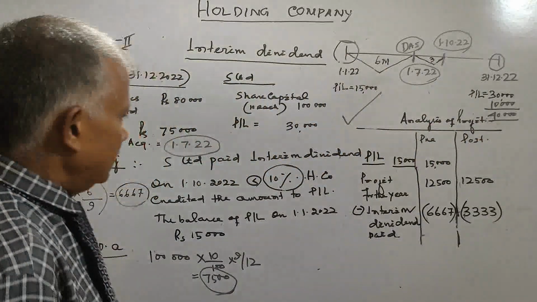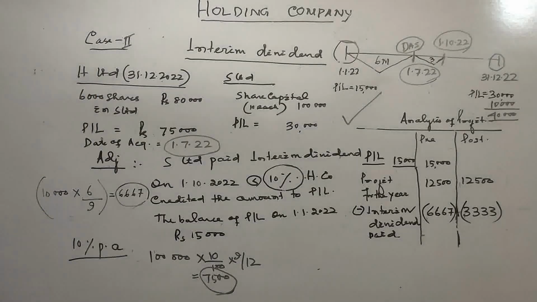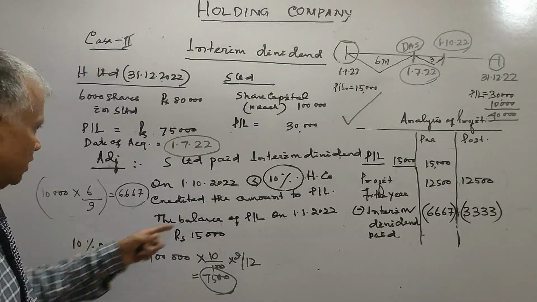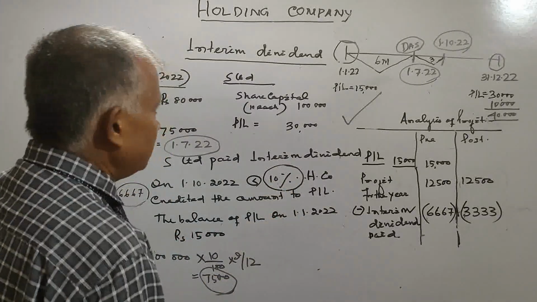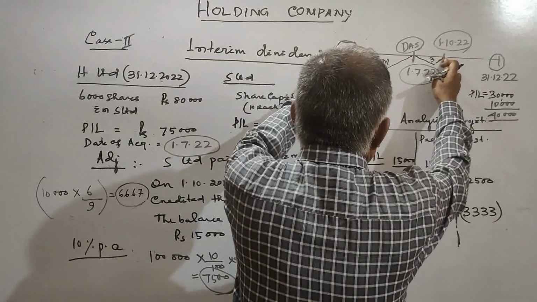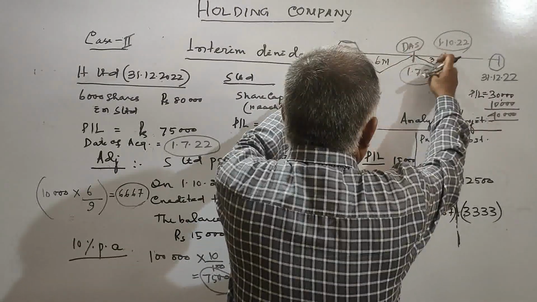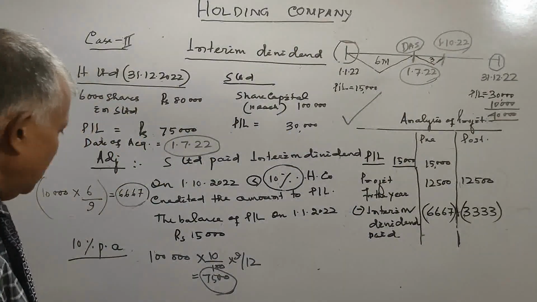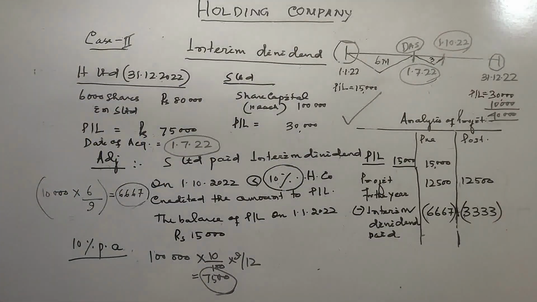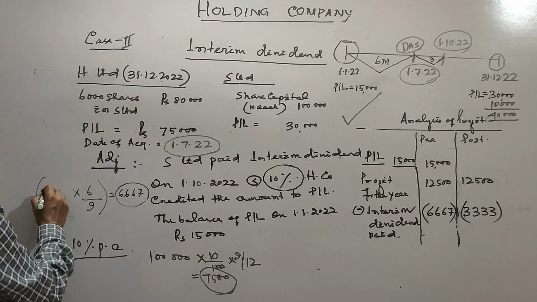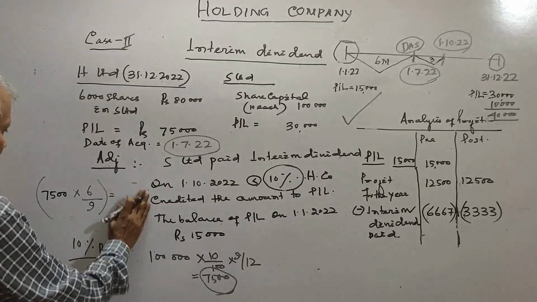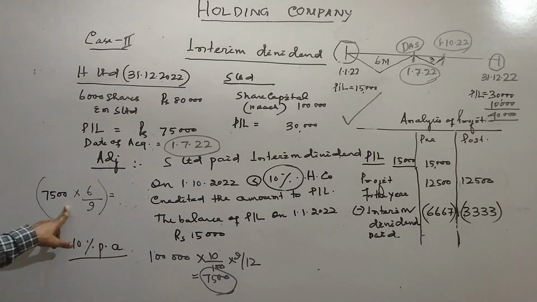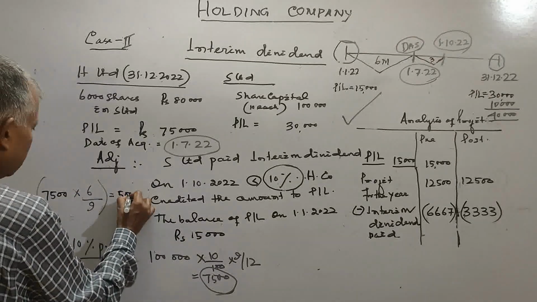Okay, so this is the interim dividend paid. Suppose they have told you not 10% but 10% per annum. Then we have to calculate the dividend for 9 months here, up to 1/10/22, 9 months. So 9 months 7,500, and we will take 7,500 into 6 by 9. 7,500 for 9 months, and for 6 months, that is your 5,000.